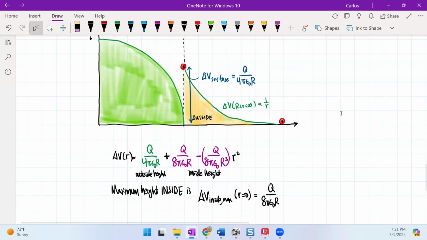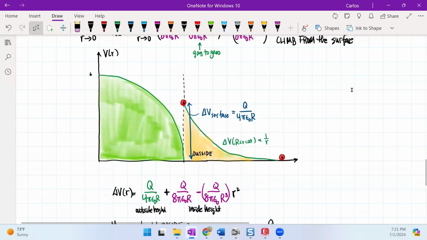Yeah. So what I'm seeing here is that there's going to be an additional climb. This additional climb says that if I now take my charge and bring it all the way to this spot, it has now climbed an additional height from the surface, from here to here. That's the same height right here.